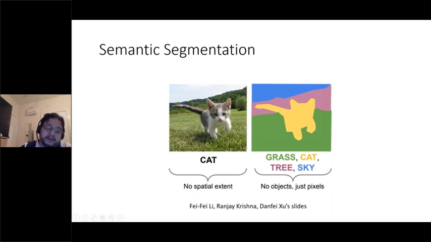So if we classify everything as background, we still get a good score, better than if we classify everything as cat. And it's still bad results from a logical point of view. We don't want everything classified as background or everything classified as cat. We want to say this is the cat.